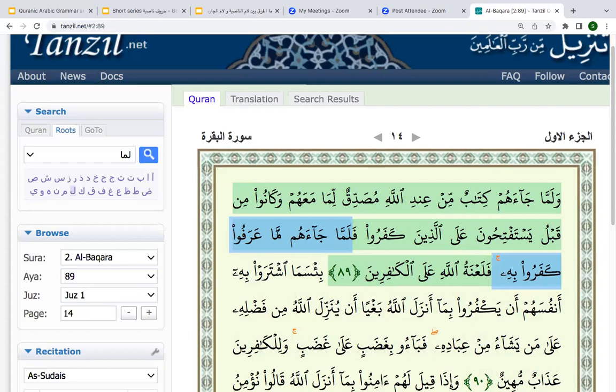Arafu. Arafu is the ending, right? Arafu is the ending of my shart. And where is the jawabu shart? So when it came to them, they disbelieved in it. So kafaru bih is the jawabu shart. Make sense or no?